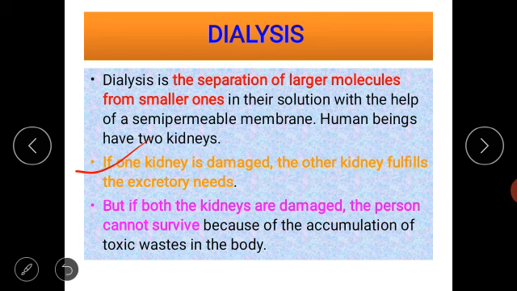Toxic waste accumulates because both kidneys have failed and cannot purify the blood. In that condition kidney transplantation is done, and that is the only option. Otherwise, without transplantation the person is not able to survive.